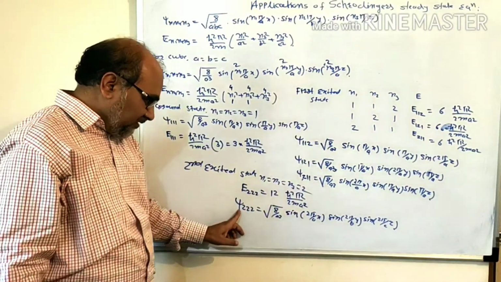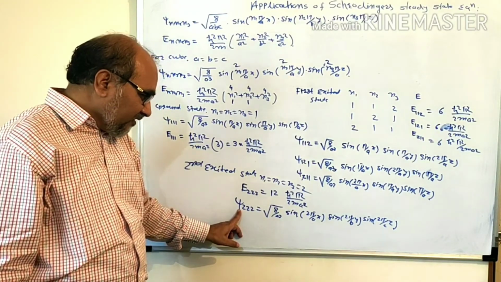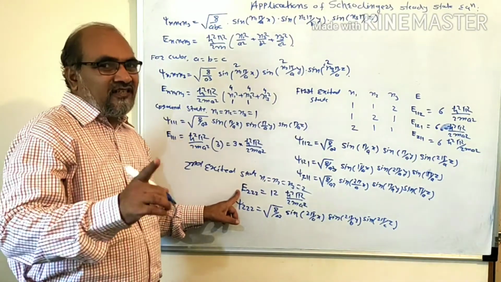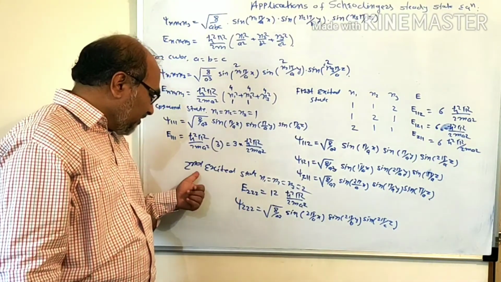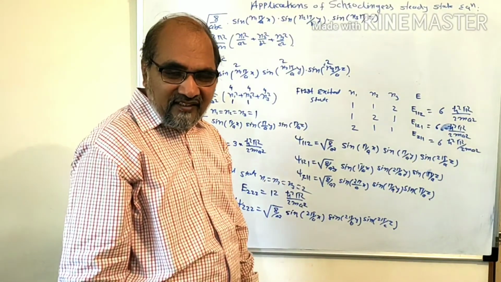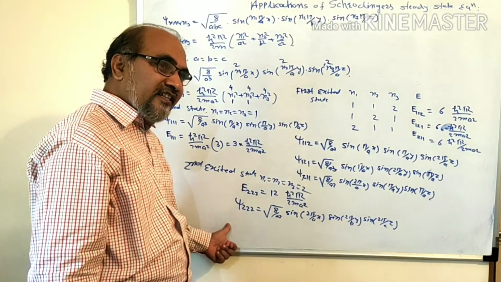So this is the eigenfunction. The eigenfunction is only one, and the energy is also one. So the second excited state is non-degenerate.